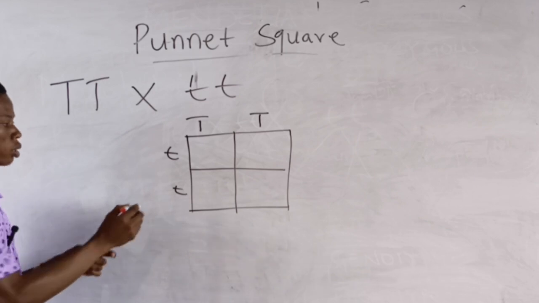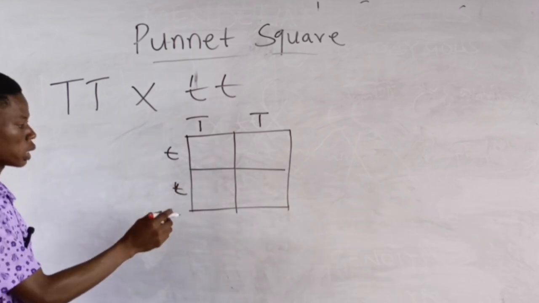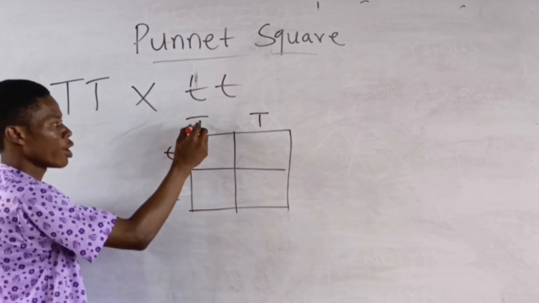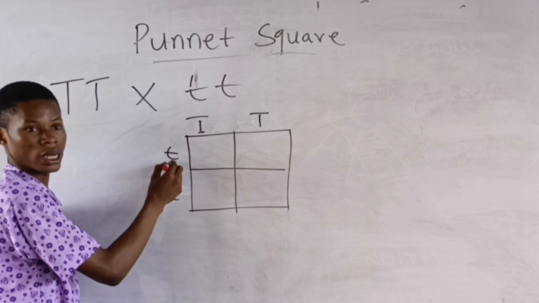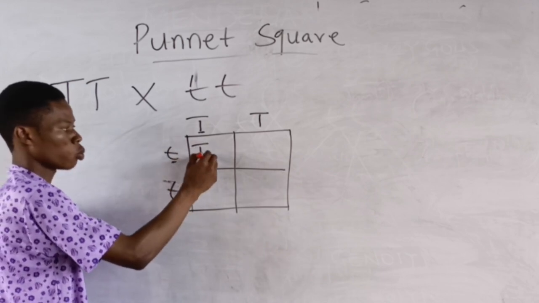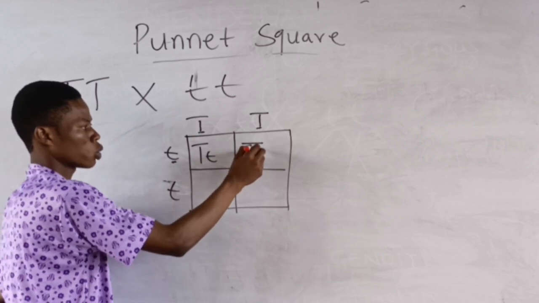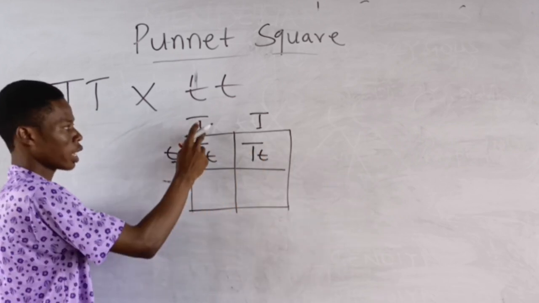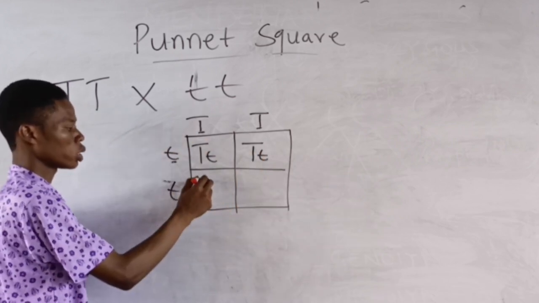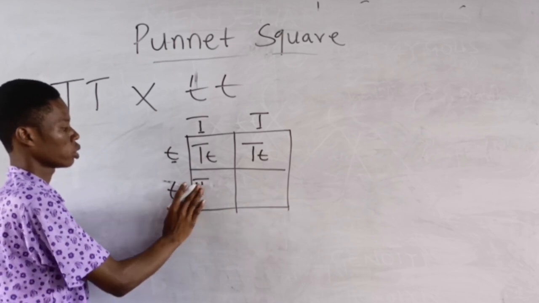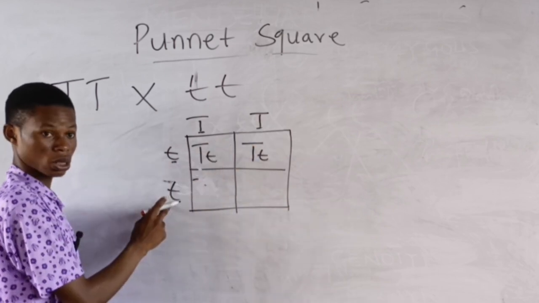Do you get? Now the next thing is to fill in the boxes. So here we have capital T and small t, right? Here capital T, small t. Here capital T, small t, same thing here. Sorry, this capital T and this small t, right?